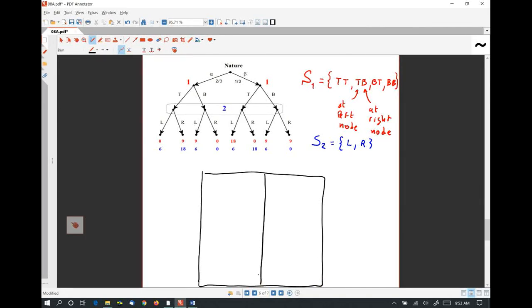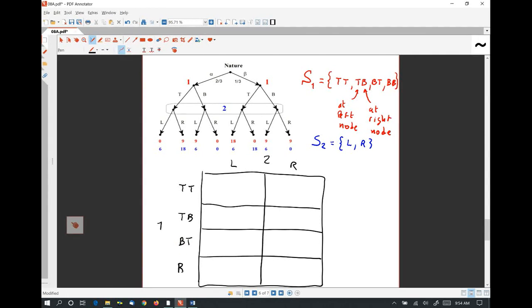Because player 2 has only 2 strategies, we label one column L, the other one R, and this would be player 2 moving, and 4 rows, and we label them with the strategies of player 1, which are TT, TB, BT, and BB. And then we need to put in the payoffs there.